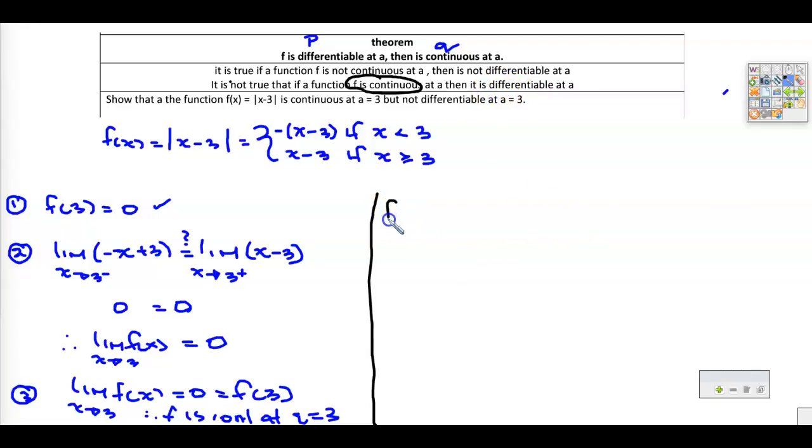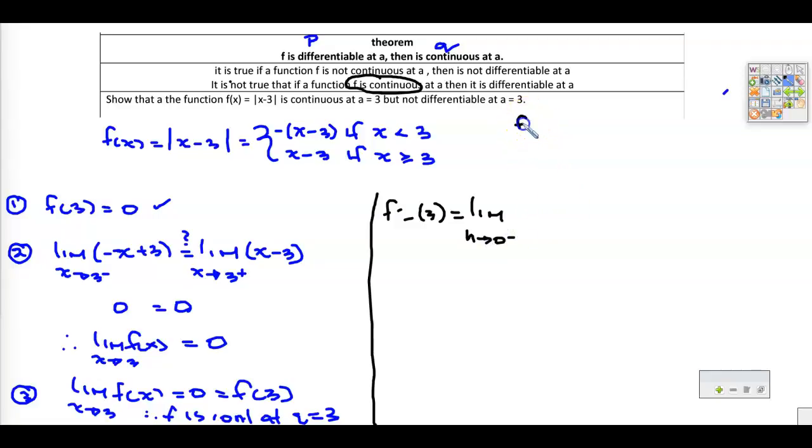Because now, to find f prime from the left of 3, which equals the limit as h approaches 0 from the left of f of x plus h.